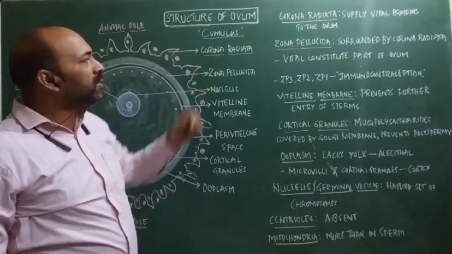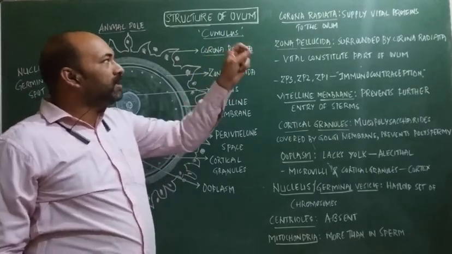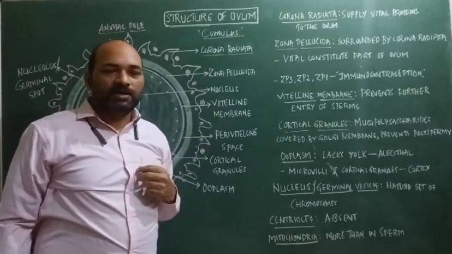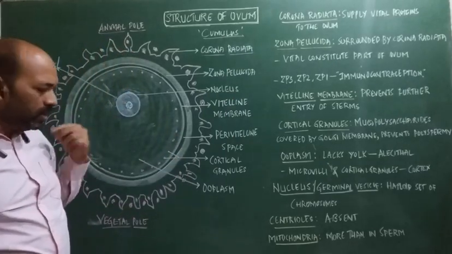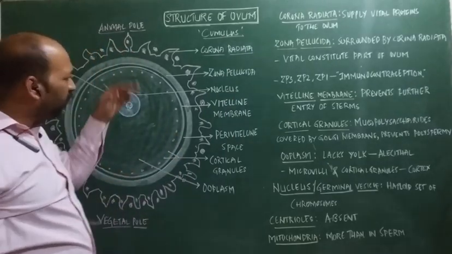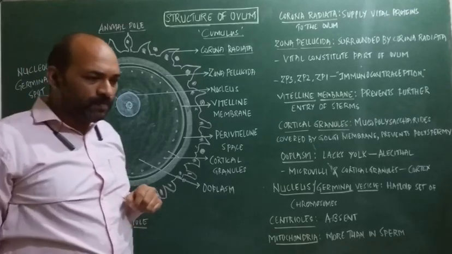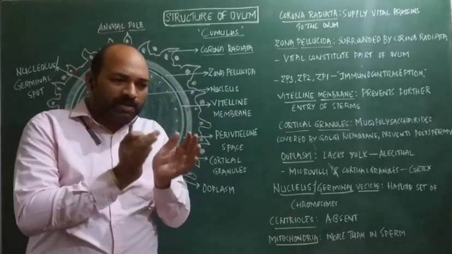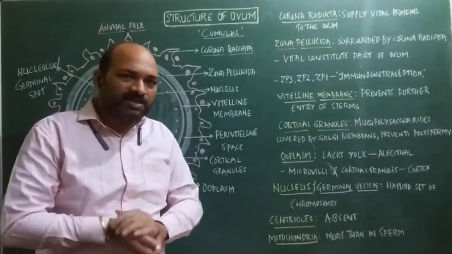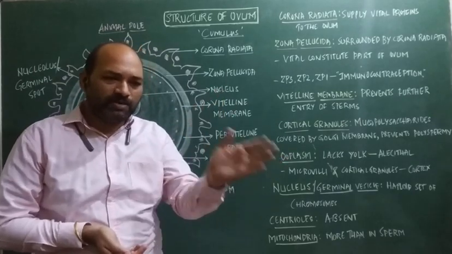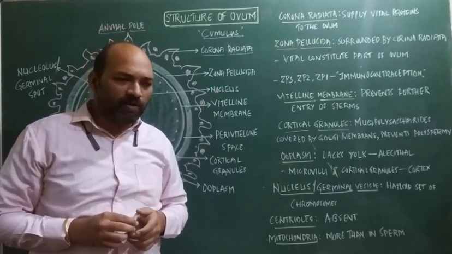Corona radiata supplies vital proteins to the egg cell. Corona radiata is formed during the transitory stage between the primordial and the primary oocyte formation.